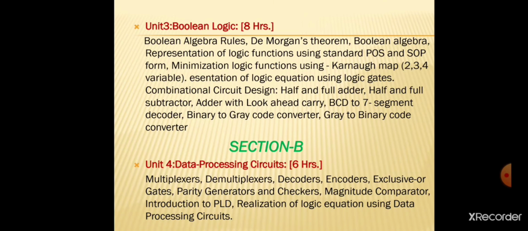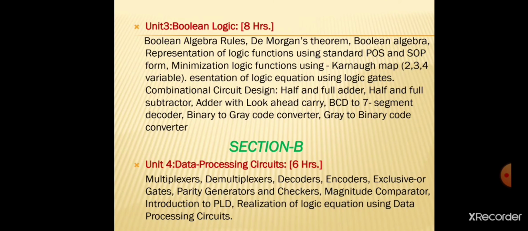Now coming to section B. In the second section, unit number 4 is data processing circuits, of 6 hours. What are data processing circuits? In this we have to see multiplexers, demultiplexers, decoders, encoders, exclusive OR gates, meaning XOR gates, parity generators, checkers, magnitude comparator, and the next point is introduction to PLD, and realization of logic equations using data processing circuits.